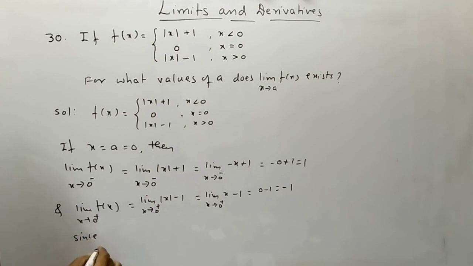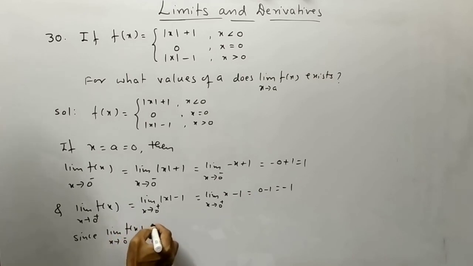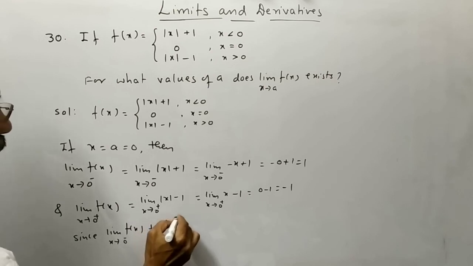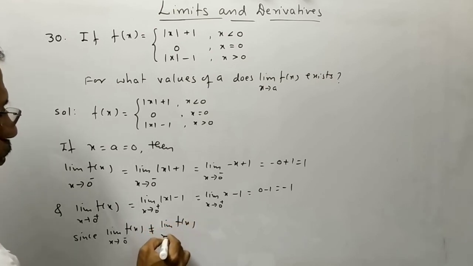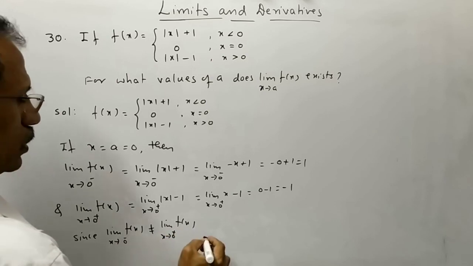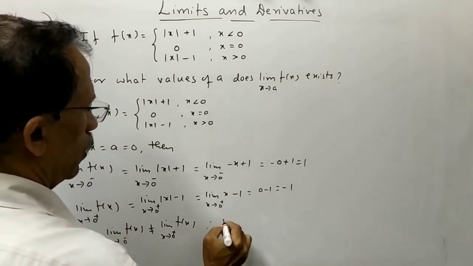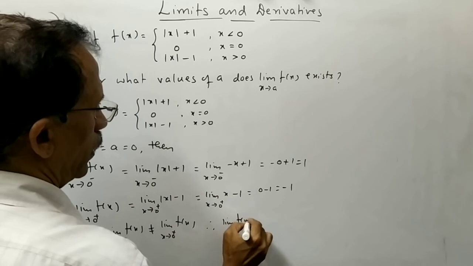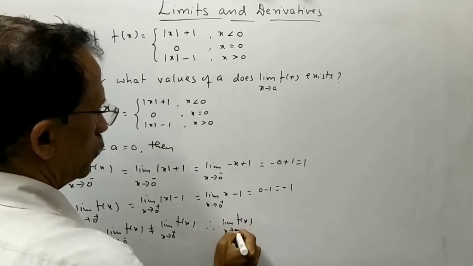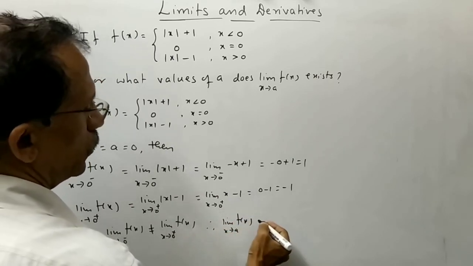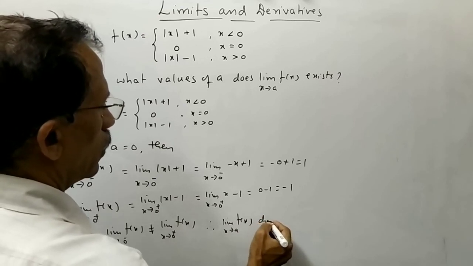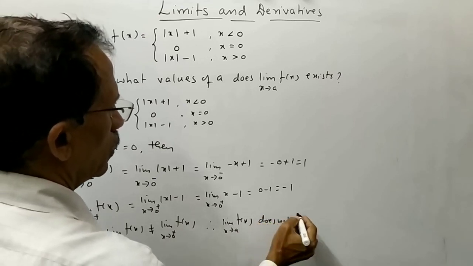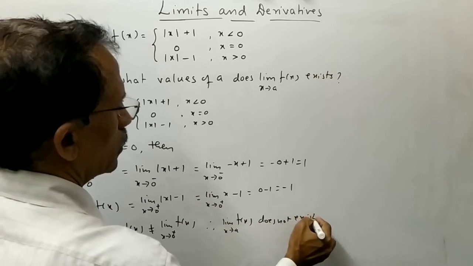Since the limit of f of x when x tends to 0 from the left side, that is a, is not equal to the limit of f of x when x tends to 0 from the right side, therefore the limit of f of x when x tends to a, meaning at 0, does not exist.